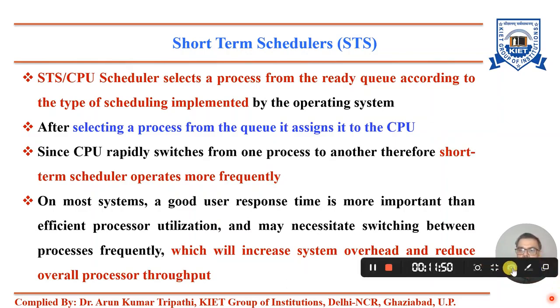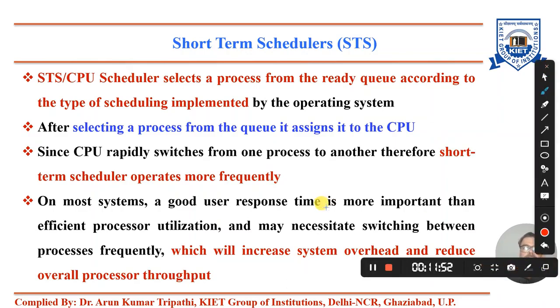For example, this is the ready queue. Here are processes number 1, 2, 3, and 4. So it is one ready queue. This may be possible. There may be more than one ready queue.